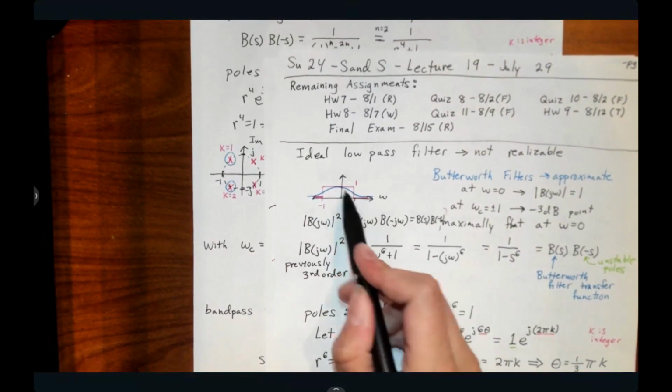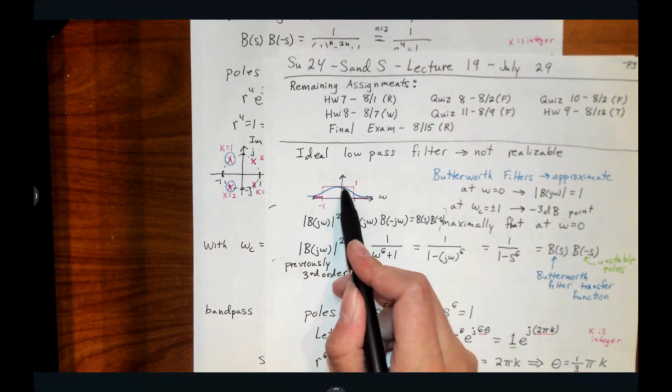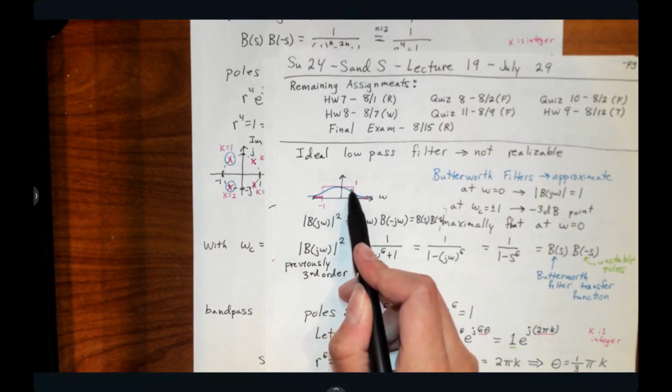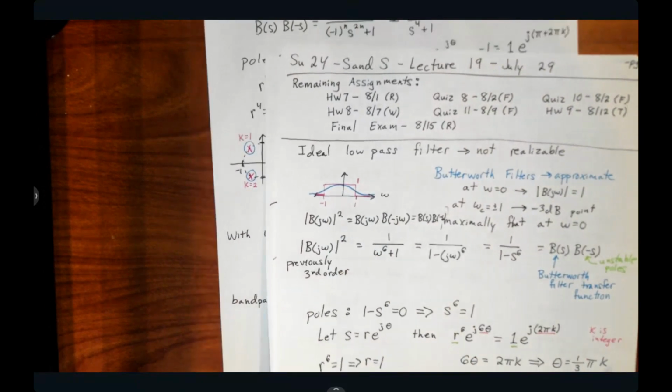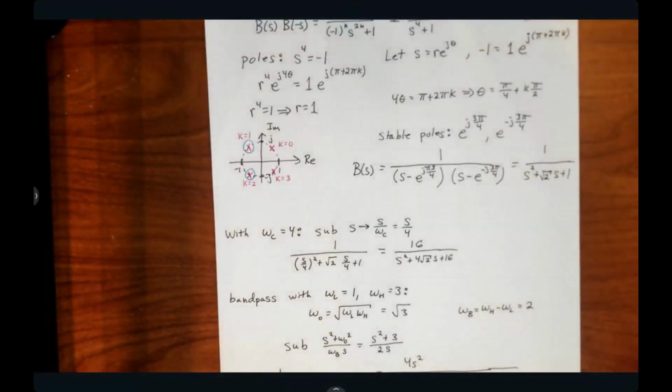So instead of being this nice gradual, you're going to have more flat region here, which is going to cause this to drop off more sharply as you increase the filter order, right? So that's why you see those different ones.